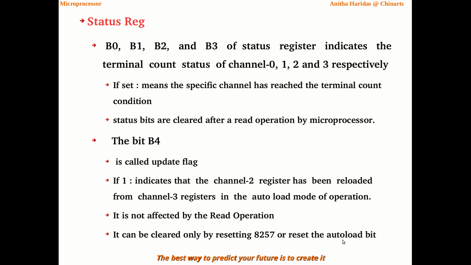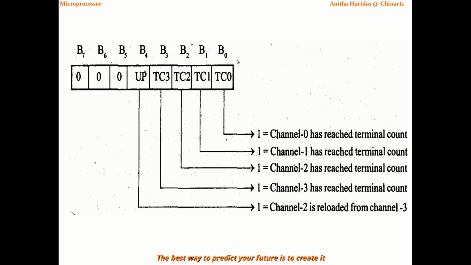So it is just used for the reloading operation: channel 3 values will be loaded into the channel 2 register, and the auto reload mode of operation will be performed by the 8257. So we have the update flag, which is used for reloading from channel 3, and the 4 bits B0 to B3 are used for the 4 different channels to specify whether the terminal count has been reached or not.